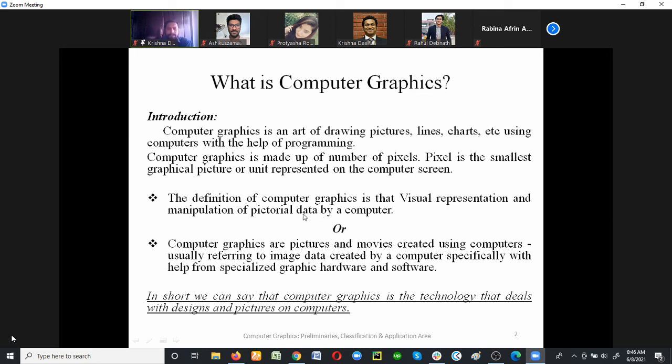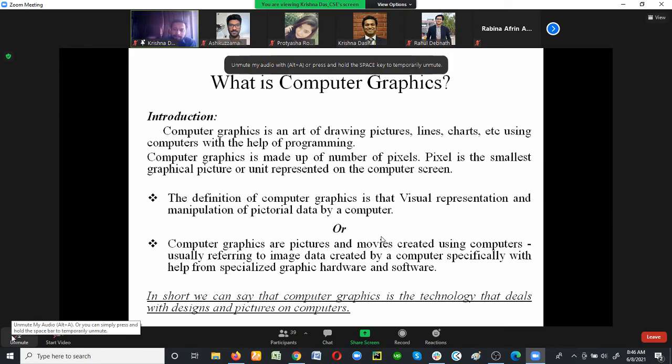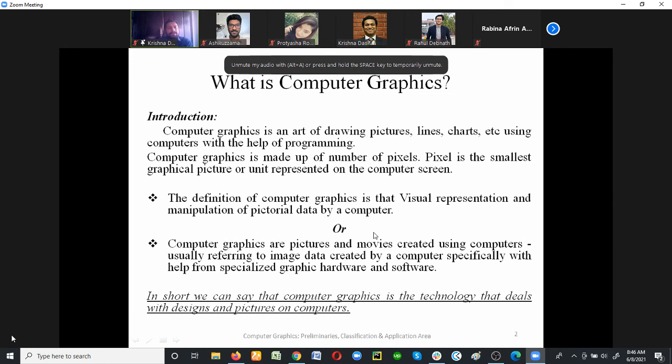So that's the activity of computer graphics. But we must need the help of specialized graphic hardware and software. Okay. So I believe that at any level of your audience, you can explain computer graphics. Do you have any question or concern here?